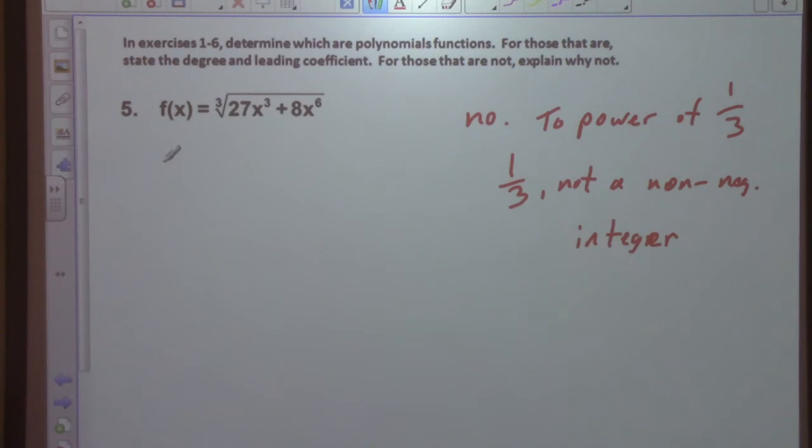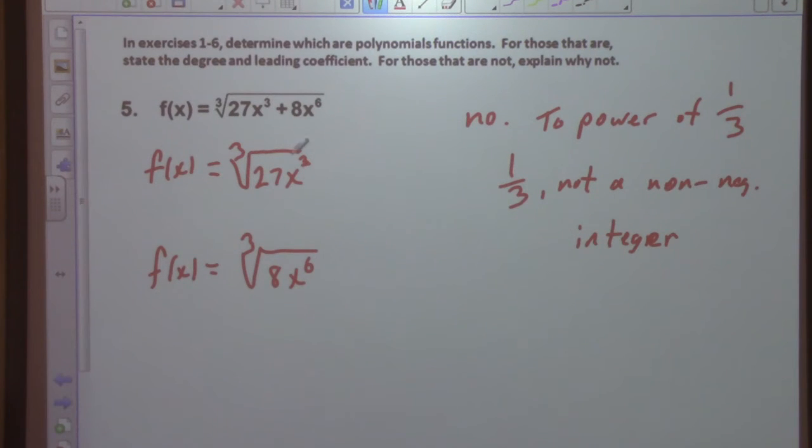But here's what would happen if we separated this out. I'm just going to do a little bit of a rewrite. If we write this as the cube root of 27x cubed, or if we write this as f of x equals the cube root of 8x to the 6th, would these qualify as polynomials separately? The first one would. What would we get if we simplified the first one?